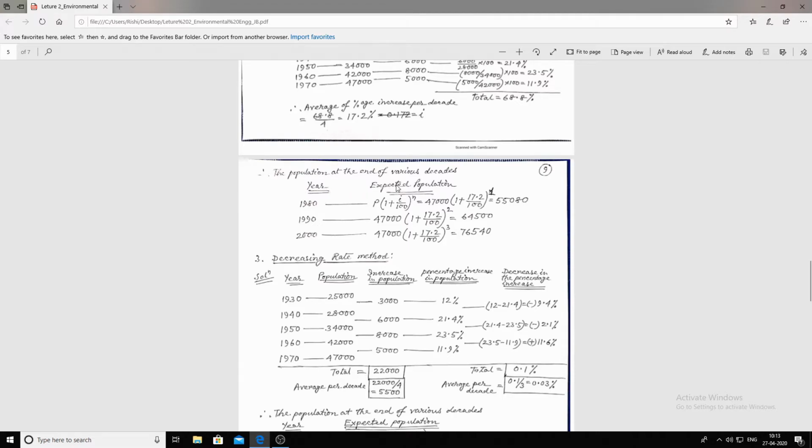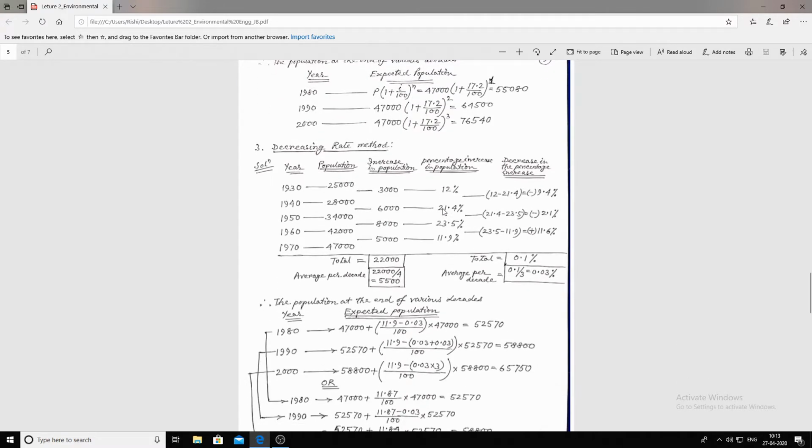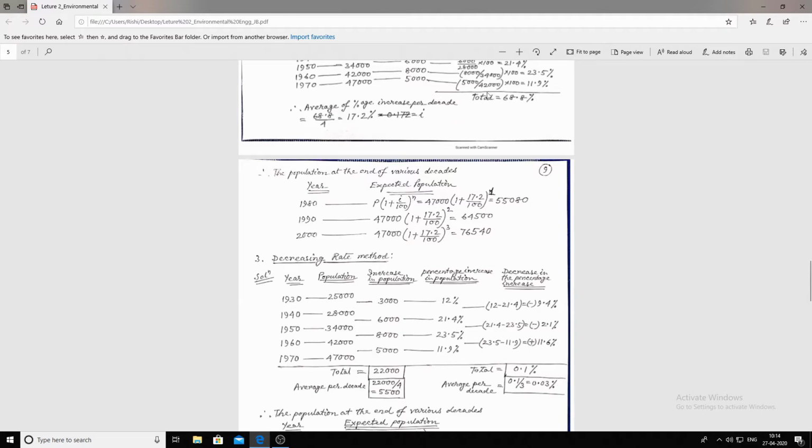Therefore, the population at the end of various decades, that is at the end of year 1980, is equal to P within bracket 1 plus I divided by 100 to the power n. We have already discussed this theoretical background in the last session. So, substituting the values in this formula, we will get the expected population, which is 55,080.